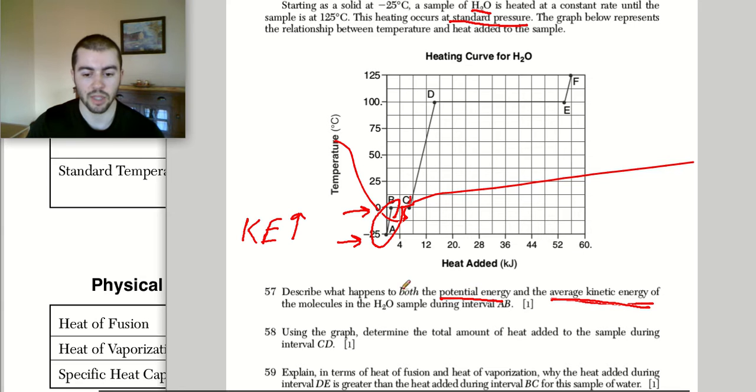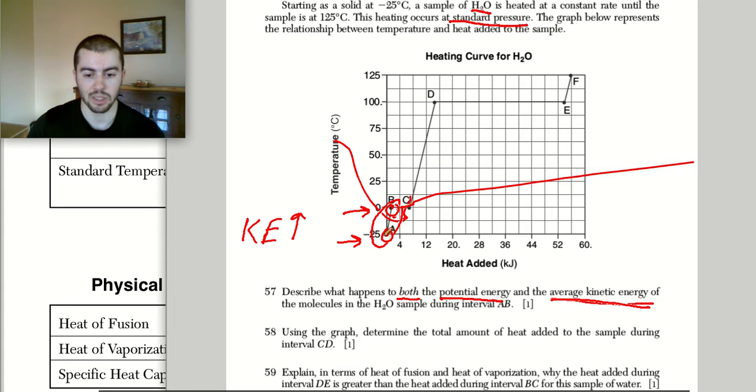So then what about the potential energy, because it asks us to answer about both of these types of energy. For section AB, the potential energy is actually going to stay the same because we are in the same phase. Remember on these heating curve diagrams, we have a single phase here.